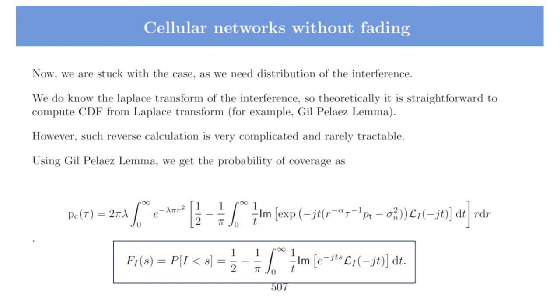So you put that, and the final expression you will get is 2 pi lambda integration from 0 to infinity e to the power minus lambda pi r square r dr in the end, and the middle term is the probability that I is less than something, which is written as an integration of the Laplace transform term multiplied by some other exponential complex term, and then taking the imaginary part. This integration involves terms which are complex in nature because they contain j, so it is a little difficult to compute.